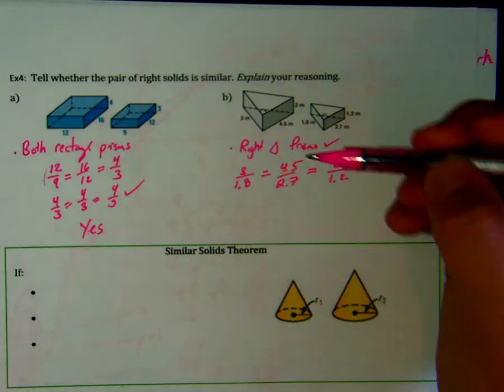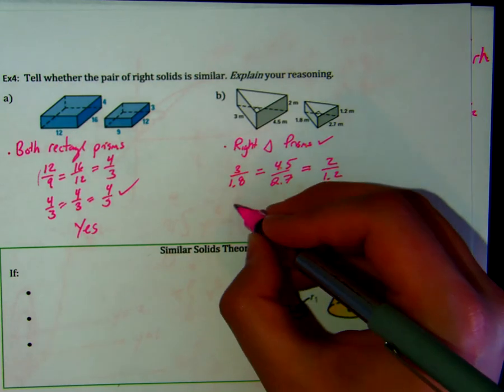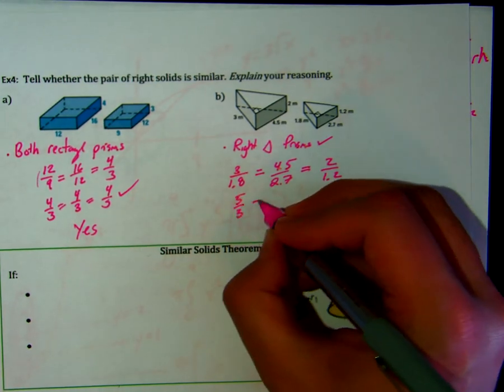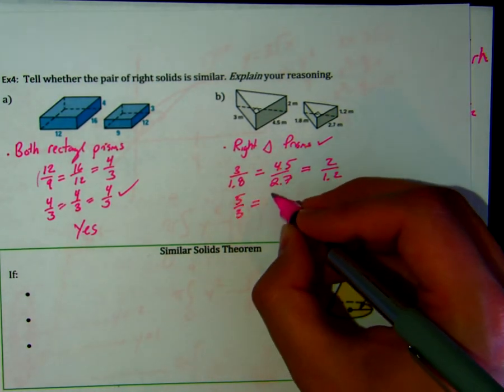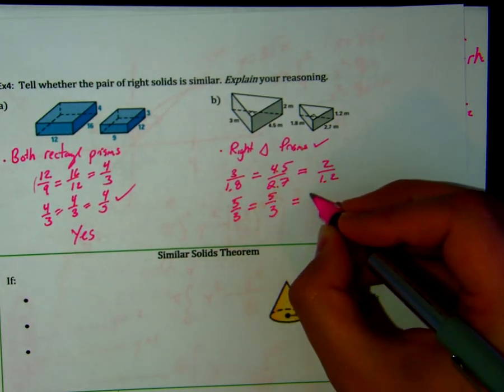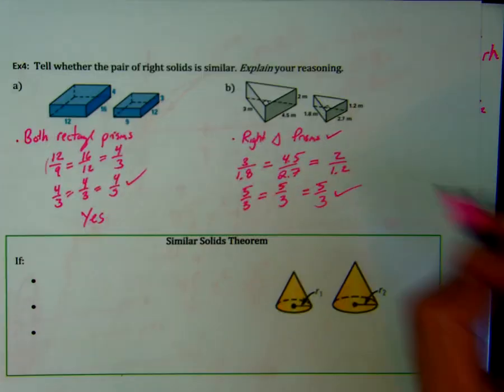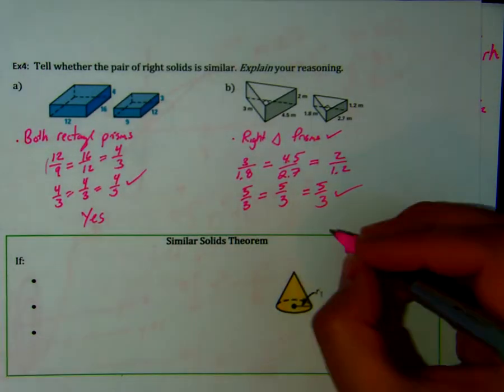Okay? So this reduces to 5 over 3. This reduces to 5 over 3. This reduces to 5 over 3. So these are all the same as well. So these are also similar.